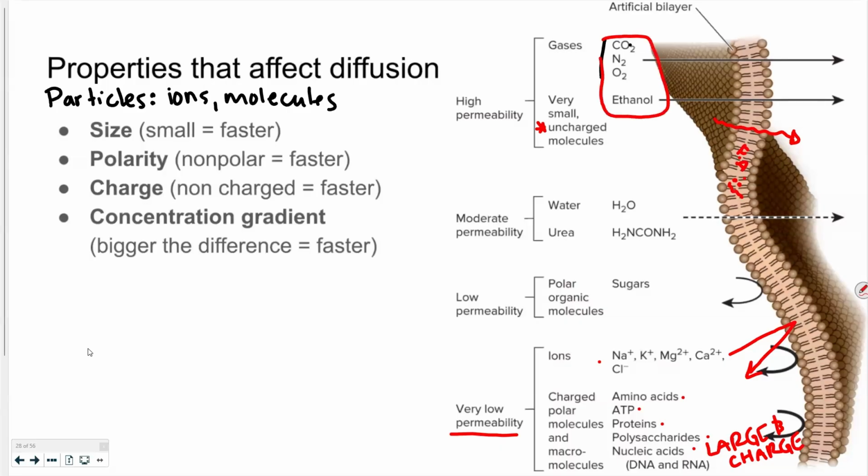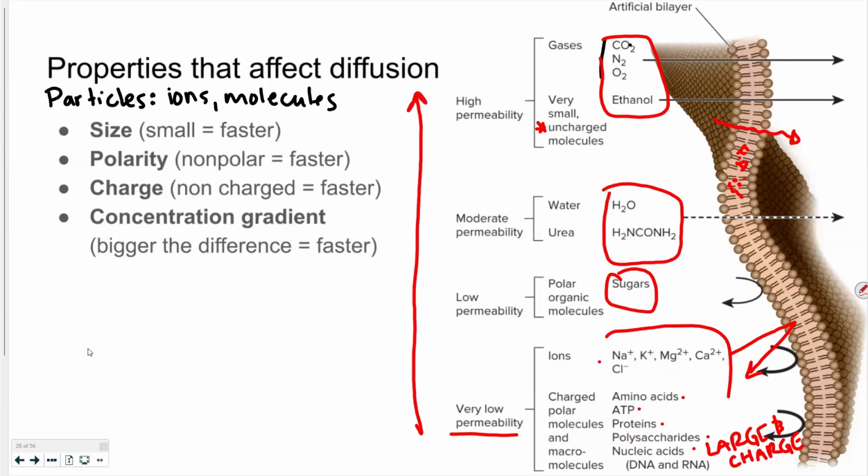You do not have to memorize all of these examples of this whole spectrum of permeability. But what I do want you to know are the ends. What you need to know is in black on this slide.